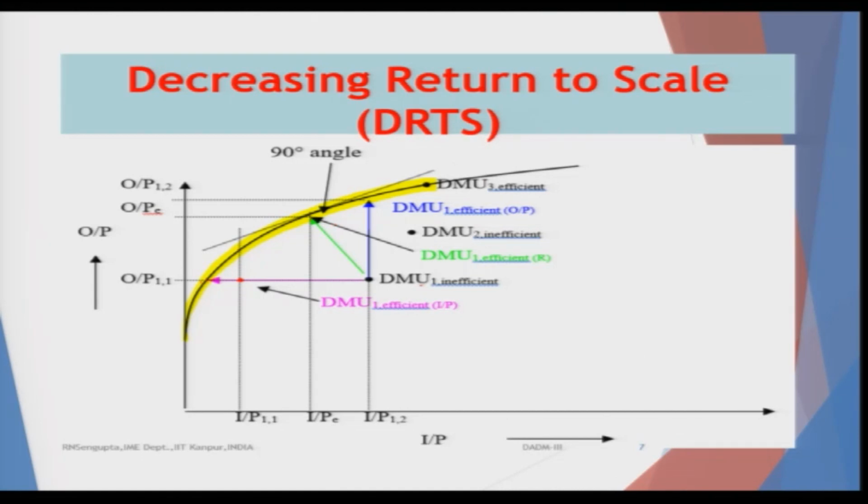Now, why is this graph called decreasing return to scale? If you consider per unit increase in the input bundle, the height of increase of the output is increasing, but is increasing at a decreasing rate.